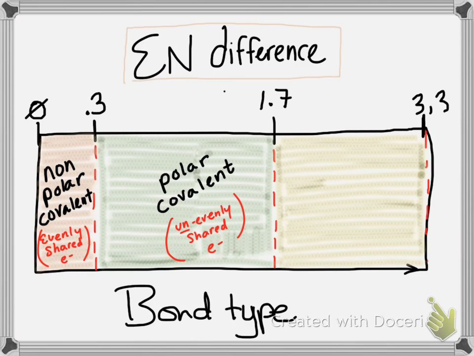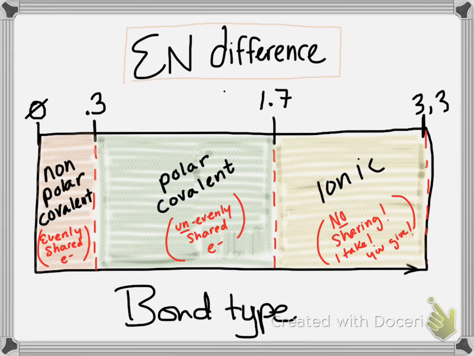What if we're between 1.7 and 3.3? What kind of bond are we looking at there? Ionic. There's only one option left. Ionic. And ionic means what? How are they shared? That was a trick question. They're not!